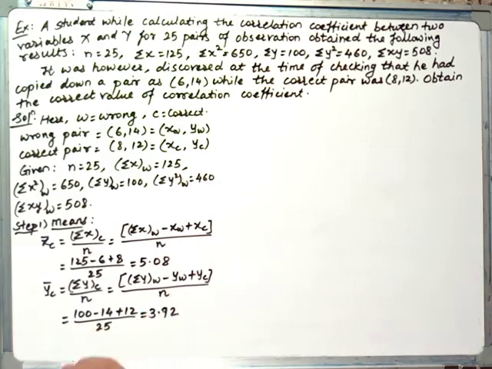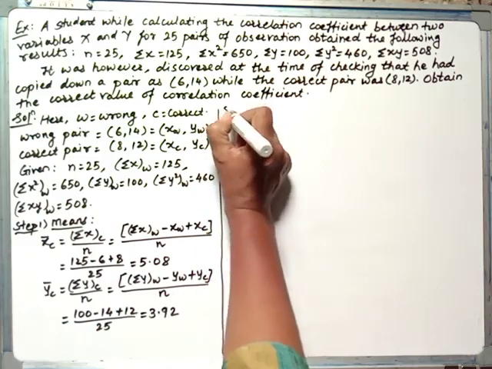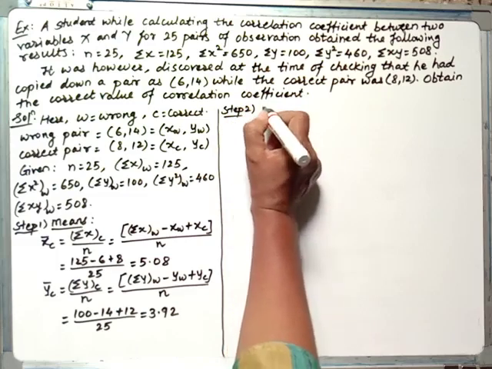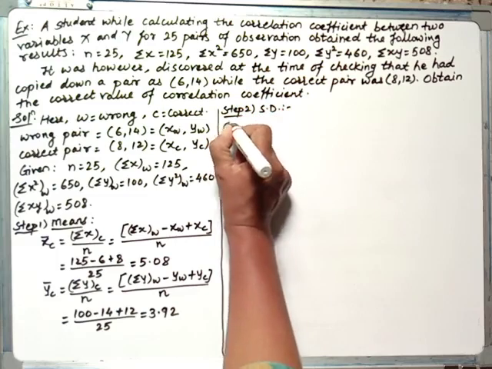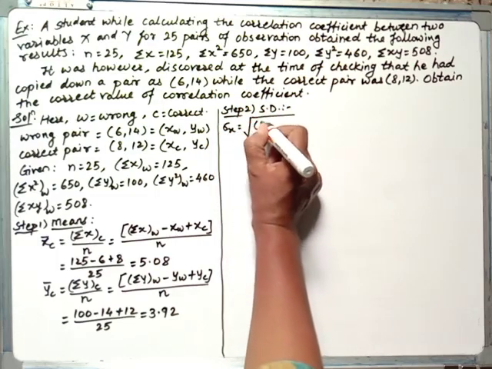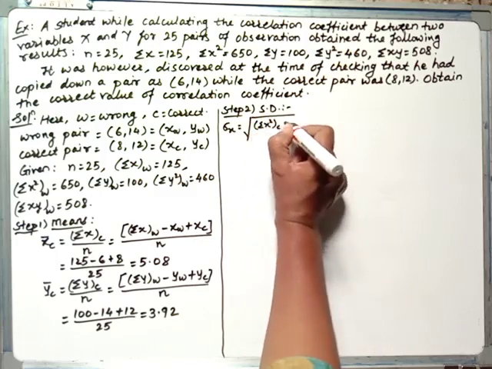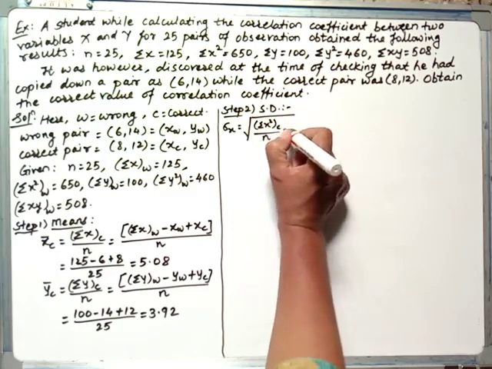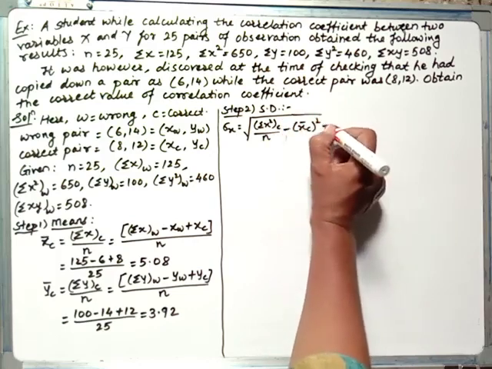Okay. Now let's go for step 2. What is step 2? It is for standard deviation. So sigma x is the square root of summation x square, the correct one, upon n minus xc bar square.